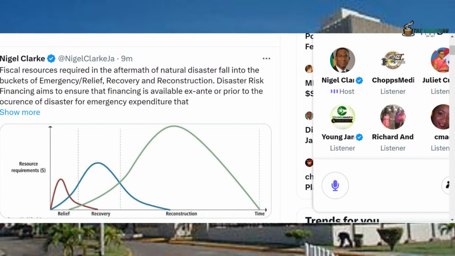And as I said in my video statement and release, the idea is that we don't have every hurricane triggering all levels. And certainly triggering our top level would mean that we have devastating damage all across Jamaica, which thank God isn't the case. And frankly, it's not something that we ever want to have happen.